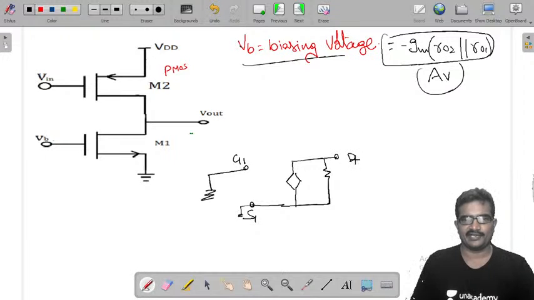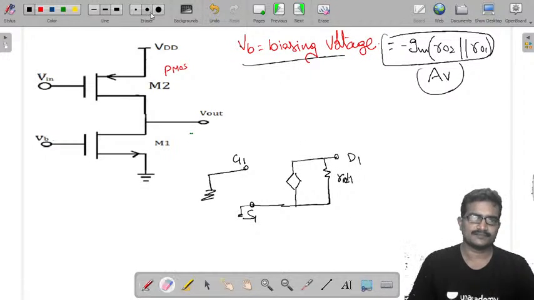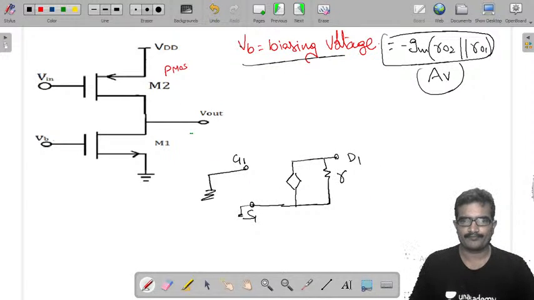It is drain 1, it is R01 or RD1 as you wish, or it is GM VGS1.